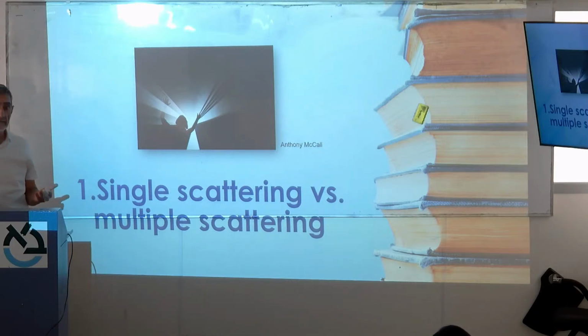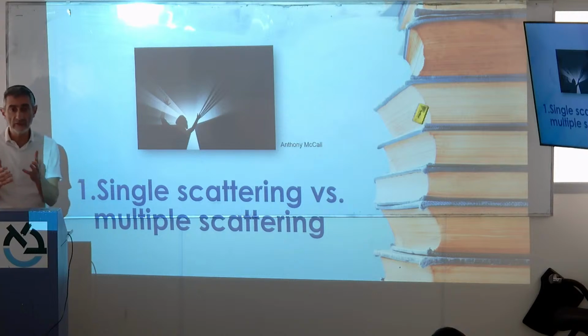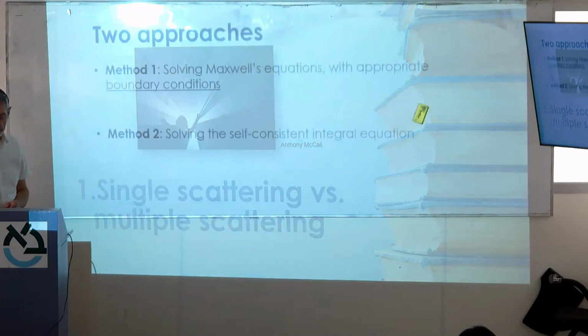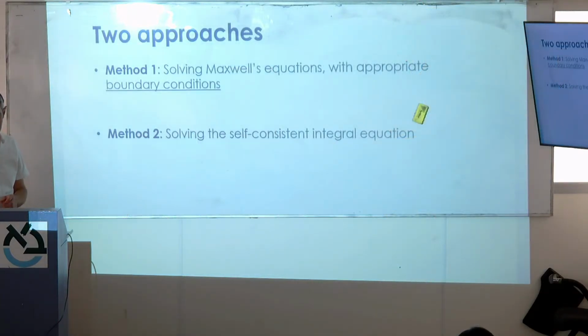Usually this is the method that is used when the scatterer is simple, like a sphere or a cylinder. That's the Mie calculation that we used, if you remember. Those are the cases where you can directly use the Maxwell equations, but most of the time you deal with scatterers which don't have symmetries, three-dimensional scatterers.